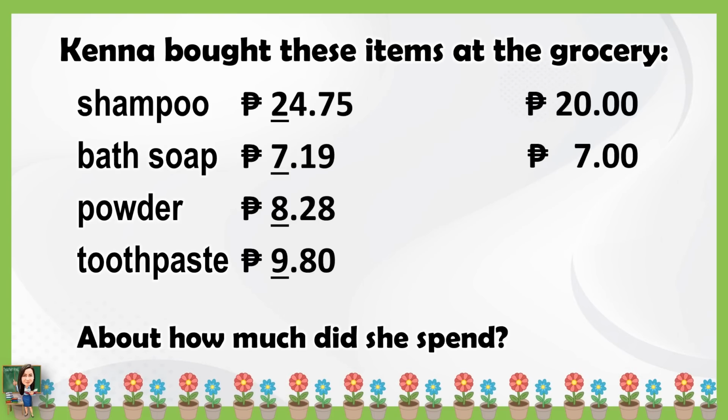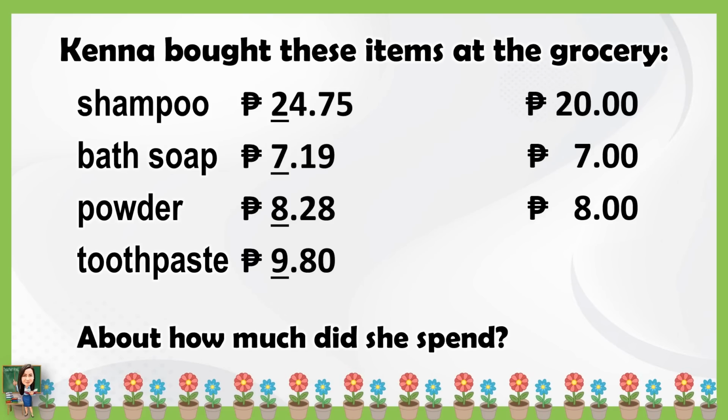Next, powder, 8 pesos and 28 centavos. The rounding place is 8. The digit to the right of the rounding place is 2. 2 is less than 5, so we don't need to change the digit in the rounding place. The estimation of 8 pesos and 28 centavos is 8 pesos. And then the toothpaste is 9 pesos and 80 centavos. The rounding place is 9.